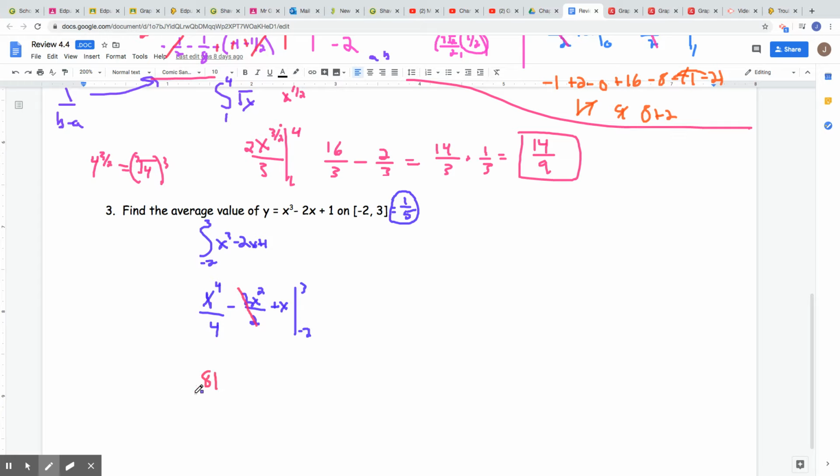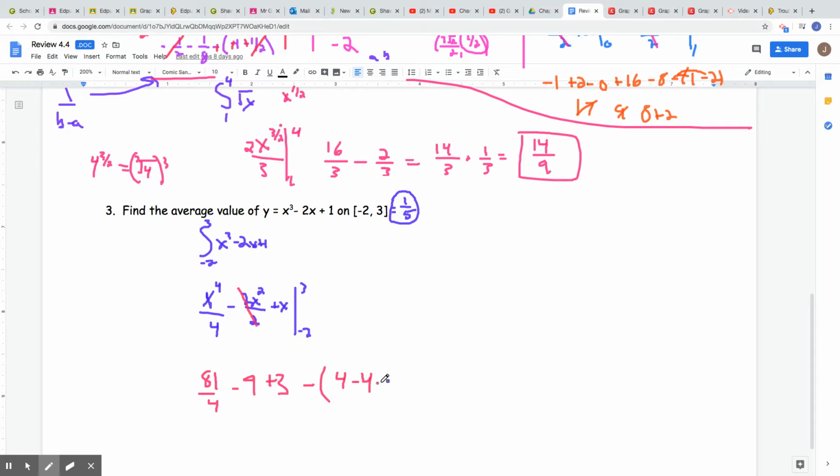So we got 81 over 4 minus 3 squared, which is 9, plus 3. Minus, now plug in negative 2. Negative 2 to the 4th is 16. 16 over 4 is 4. Negative 2 squared is 4, but then it's a minus up front, so that's negative 4.